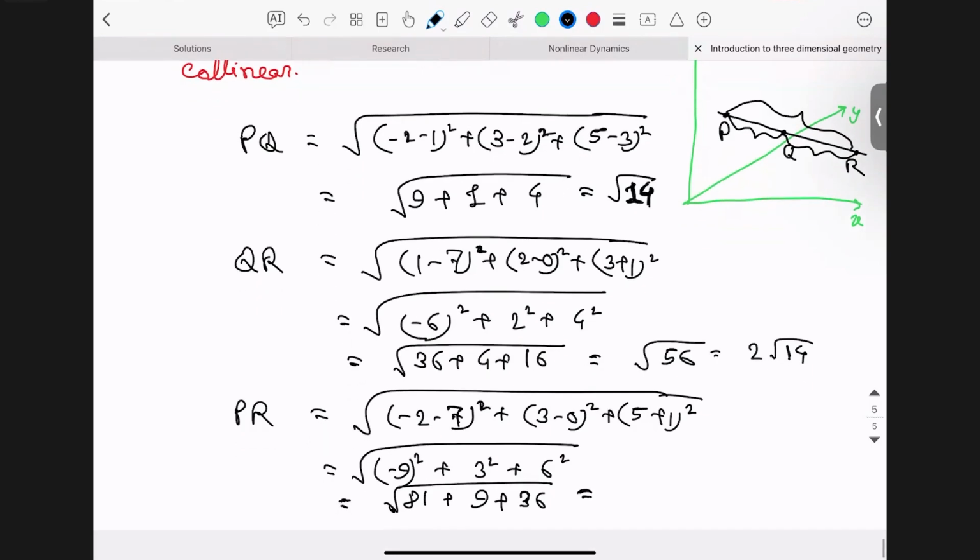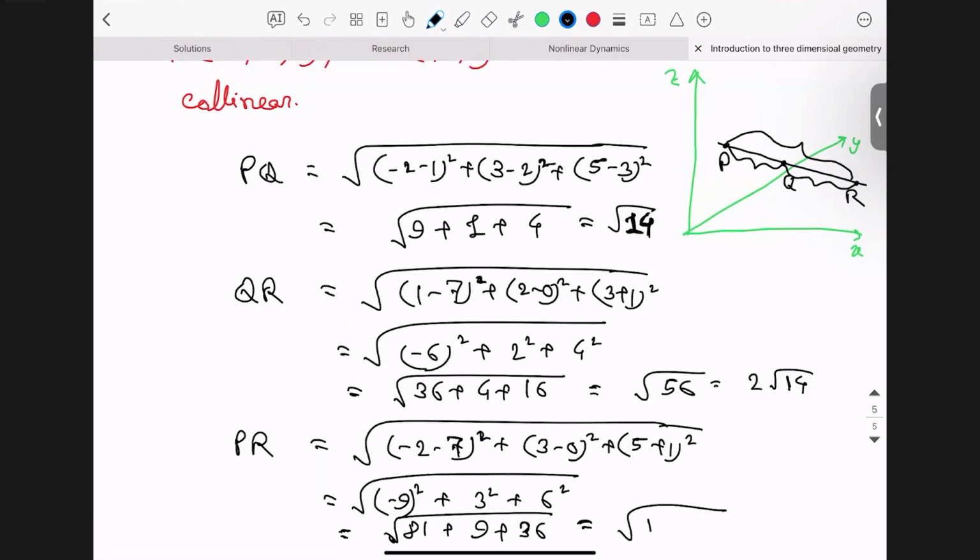If I add all these, we obtain the square root of 126, which is nothing but 3 square root of 40.